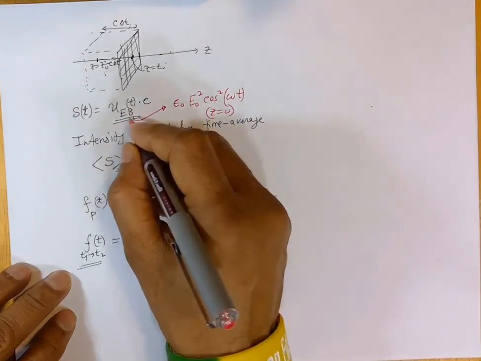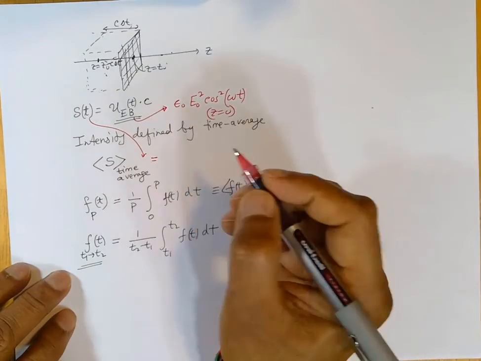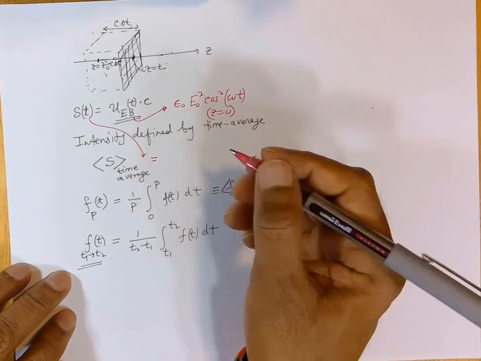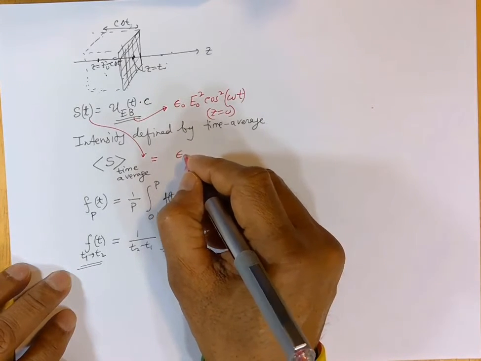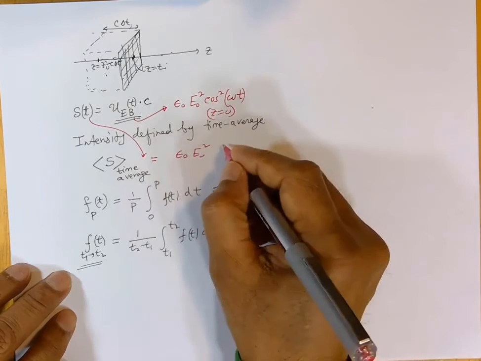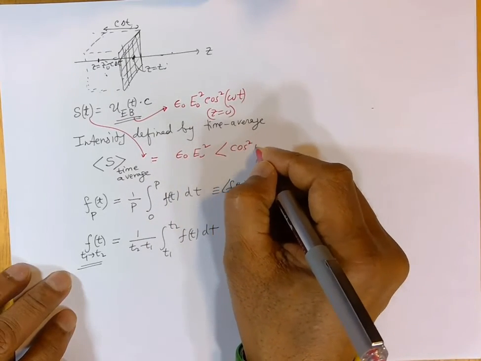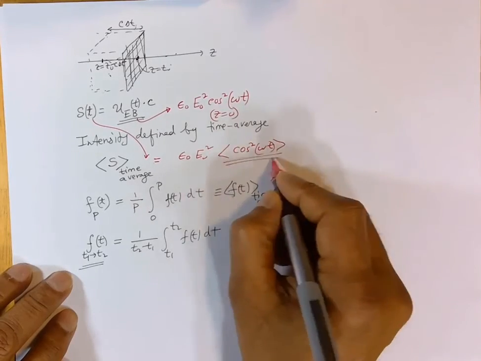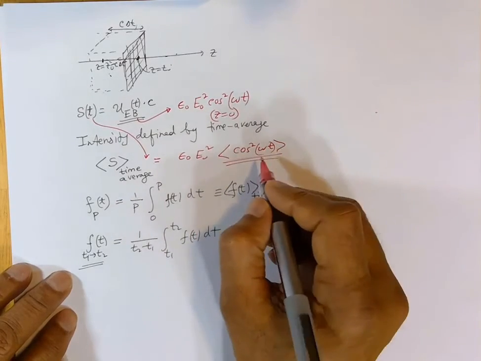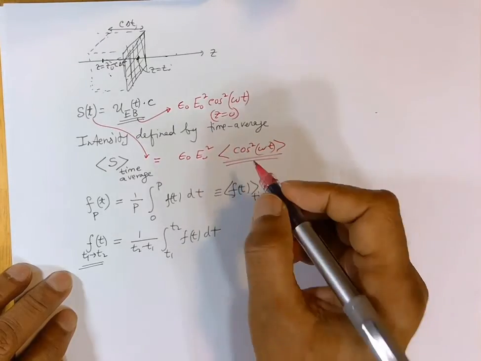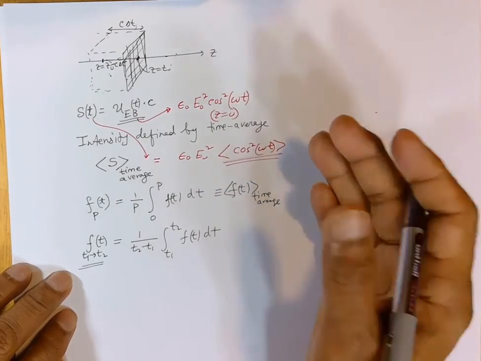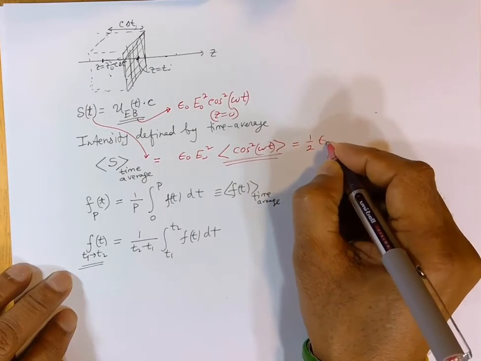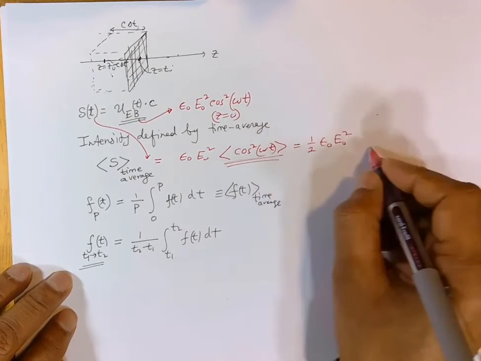So when I time average this, I'm going to get epsilon naught E naught t squared and the time average of cosine squared omega t. Now this is a periodic signal, and for cosine squared, if your time average is over 1 period, it's going to be half. You can do the double angle and then show it. So this goes back to half epsilon naught E naught t squared, but there's no time anymore.